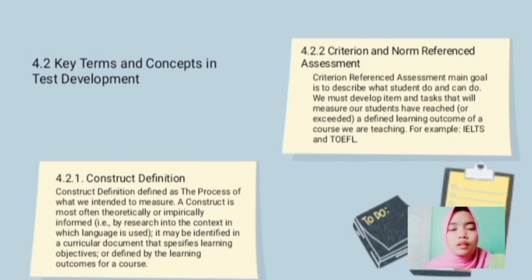And second, criterion and norm reference assessment. Criterion reference assessment's main goal is to describe what students know and can do. We must develop items and tasks that will measure whether our students have reached a defined learning outcome of a course we have taught. IELTS and TOEFL are examples of this assessment.